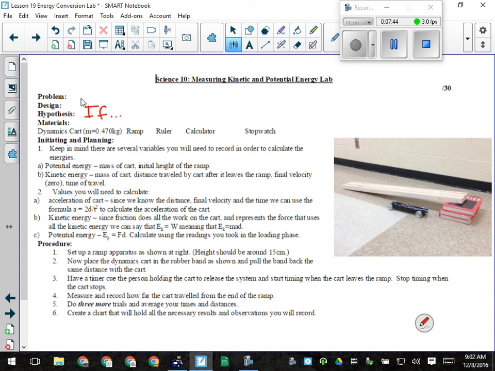We know that in the real world, not all the potential we start with is going to end up as kinetic at the end, okay? But we have to at least go with that idea as the fundamental idea we're working on. So the if part should probably talk about the law of conservation of energy, and what it says about what's going to happen here.